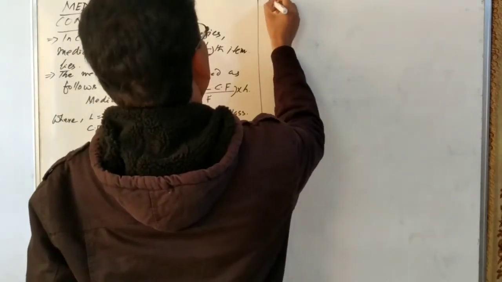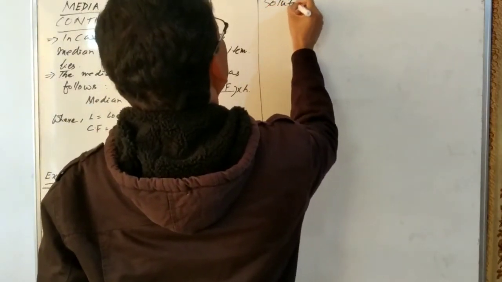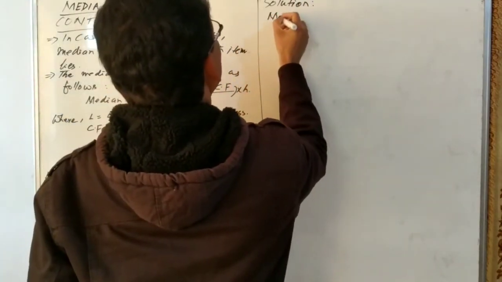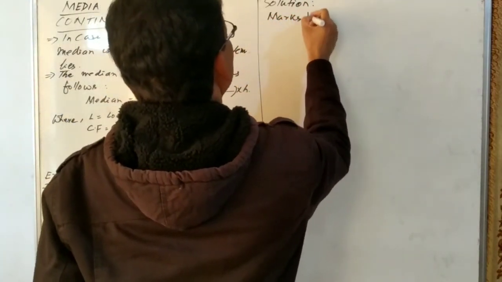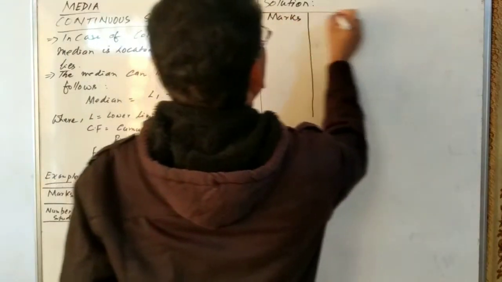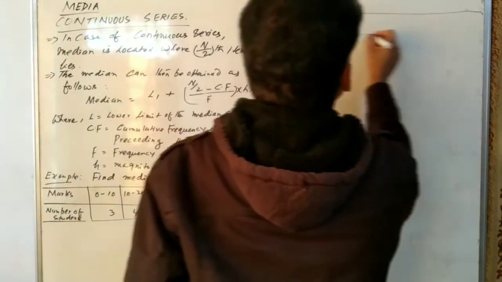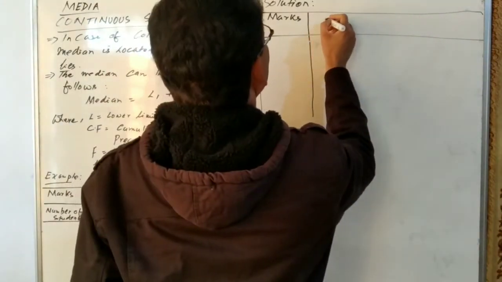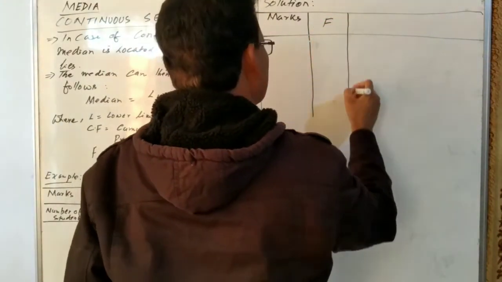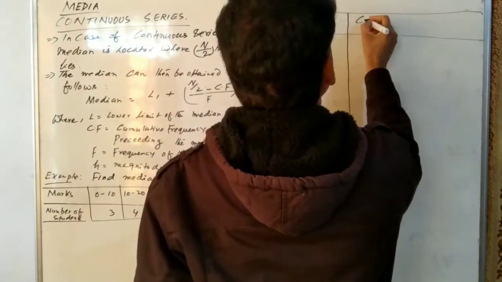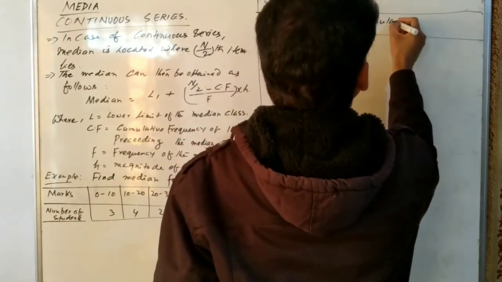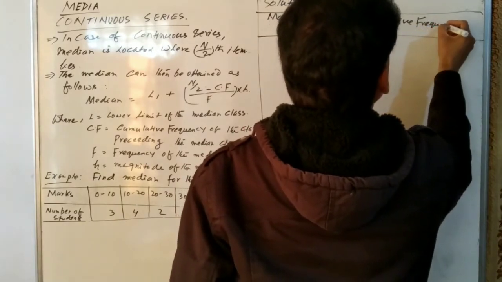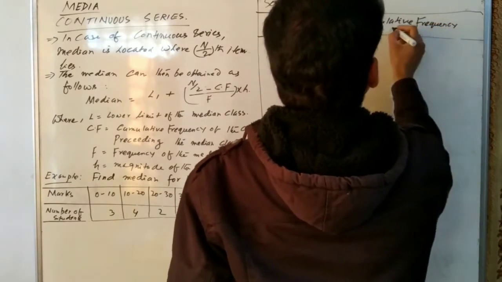So in the solution, we'll take the marks in the first column. The second column is the number of students, meaning frequency. And the third column is the cumulative frequency, CF.